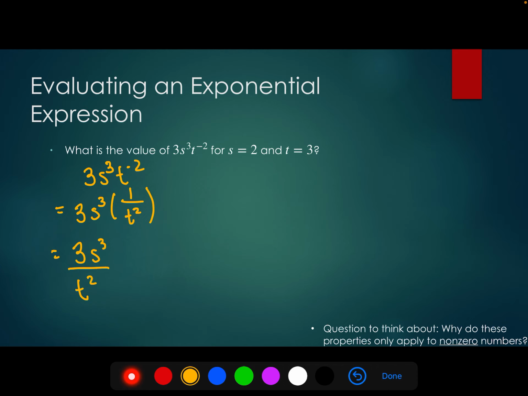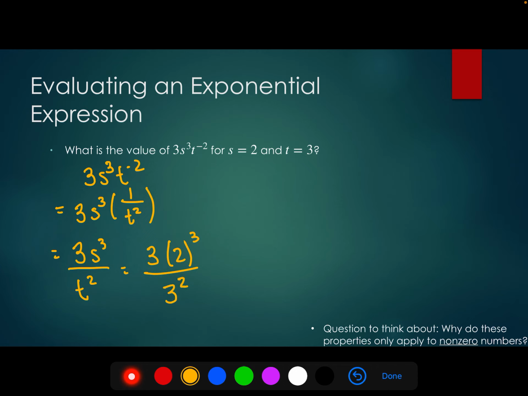Now that we simplified this and got rid of our negative exponent, we can substitute these values in. So we'll substitute in 2 for s and 3 for t, and that will give us 3 times 2 to the third power over 3 squared.